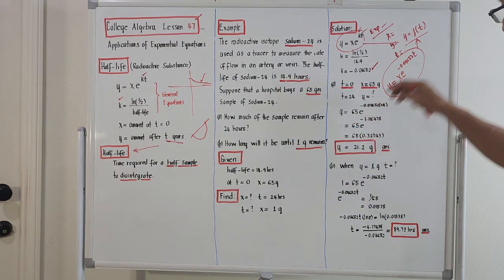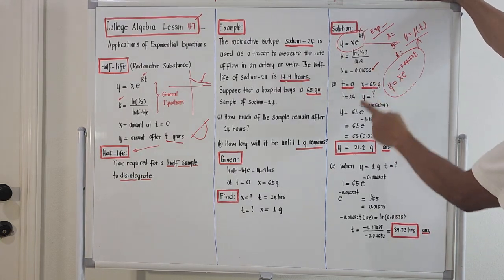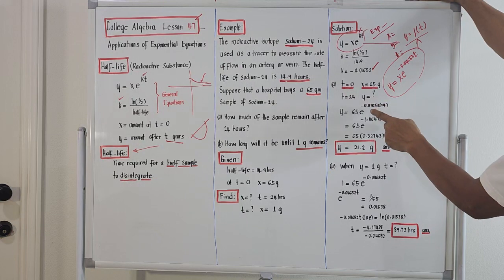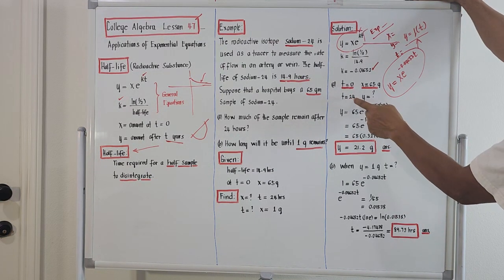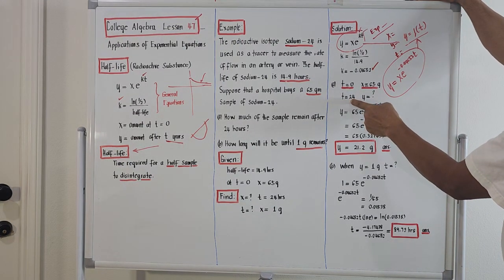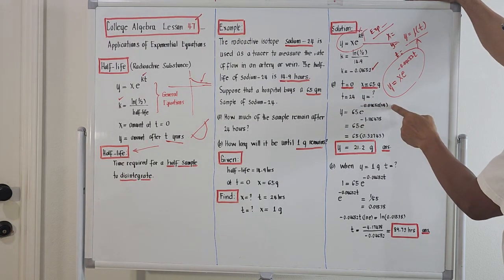So y will be equal to x, where x initially was 65, times e raised to k, where k is negative 0.04652. The time requirement is 24, since the problem asks for the number of grams that remain after 24 hours. So this should be times 24.